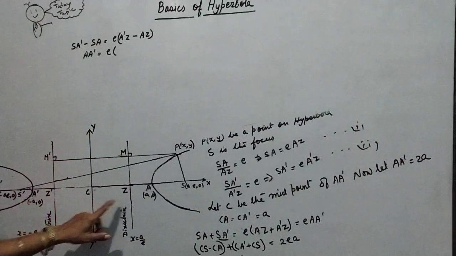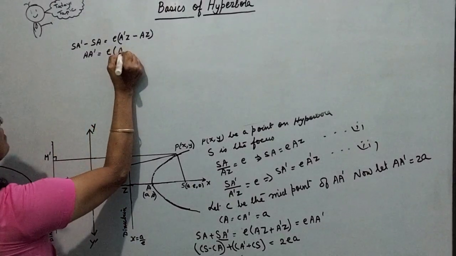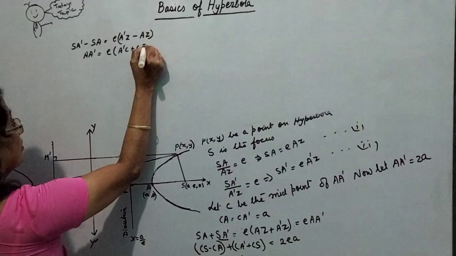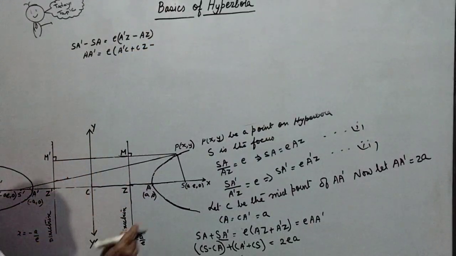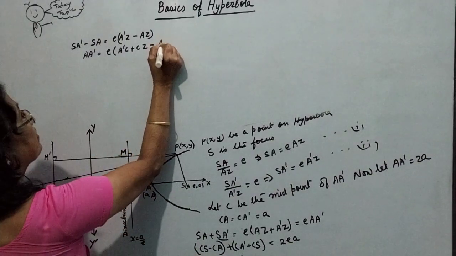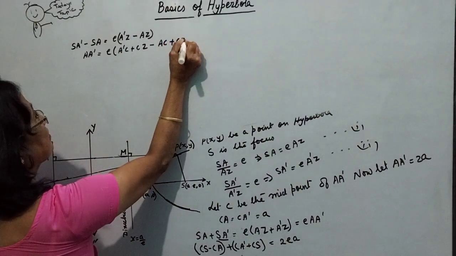A dash Z can be written as A dash C plus CZ. What about AZ? AZ can be written as AC minus CZ. Minus minus plus CZ.